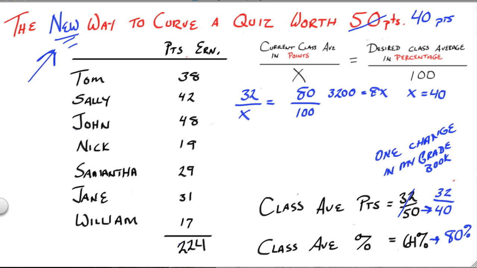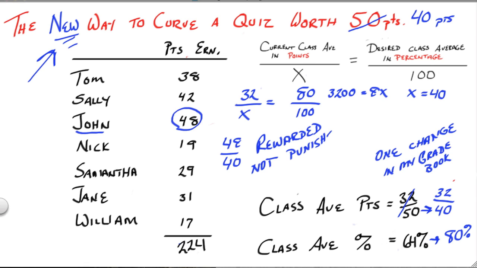Let's go back and take a look at John. John got a 48. Now he has a 48 over 40. So now he gets rewarded, not punished, for his hard work.